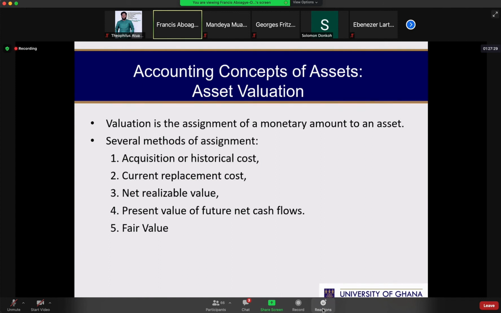So the 10,000 in a year's time is not 10,000 in today's terms. It's lower because you have to discount it into the present value. And that's what we're talking about. So when you have assets that come in the form of a series of cash receipts, what you do is to bring it to today's terms. And that becomes the present value.